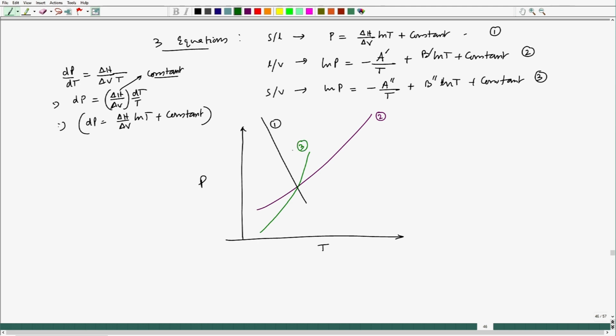So, this particular green line is solid vapor, this one is liquid vapor, and here it is solid liquid. Now you see all the lines will be crossing through a single point, and that is nothing but the triple point.